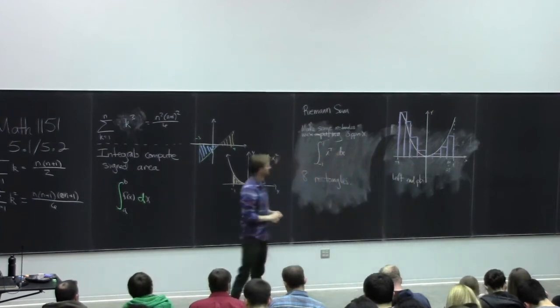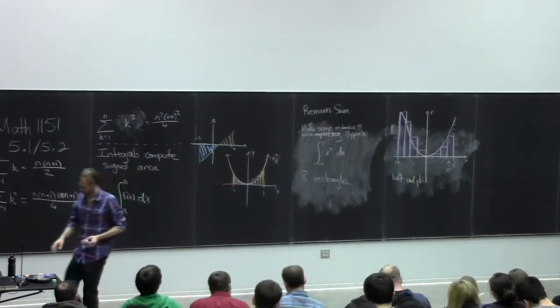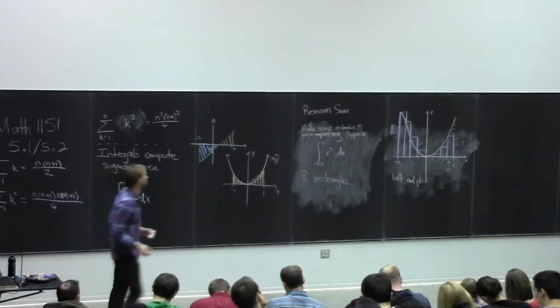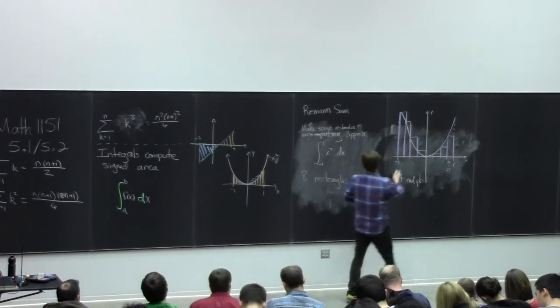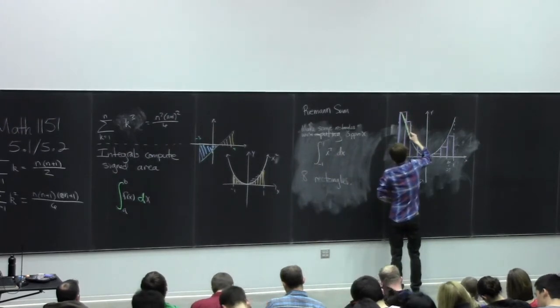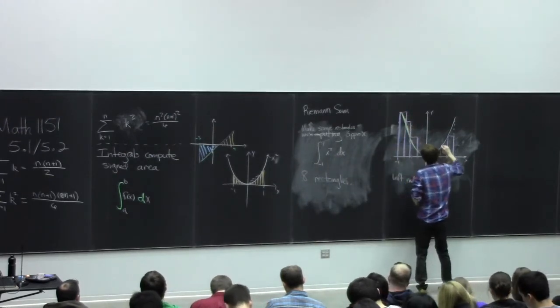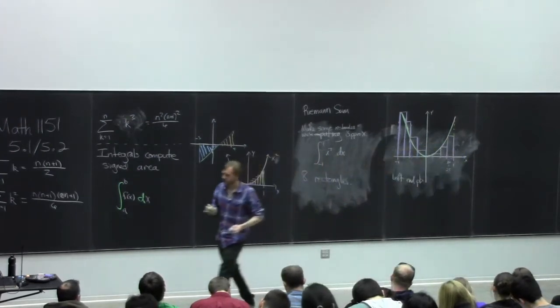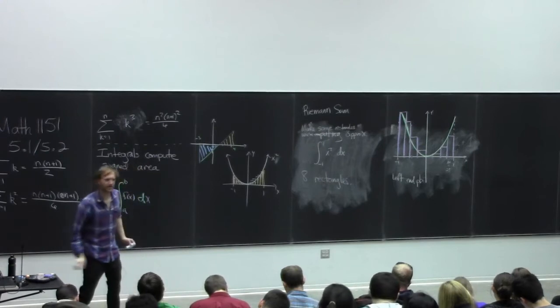And there's the final rectangle. There we go. So look, on the right-hand side, we're overestimating the area.